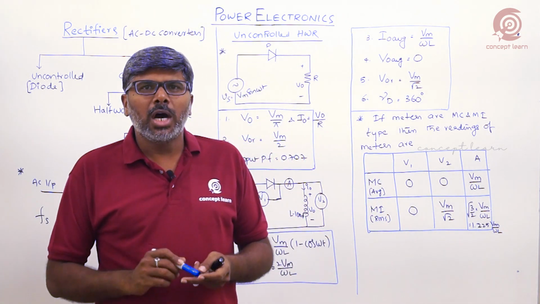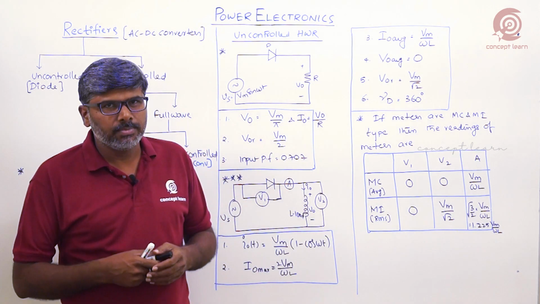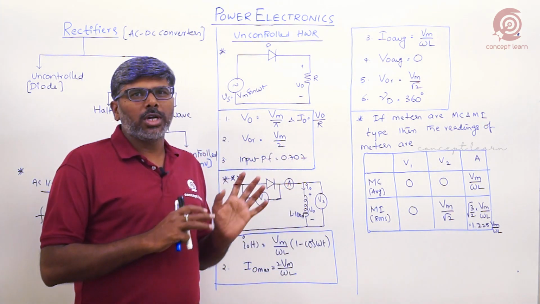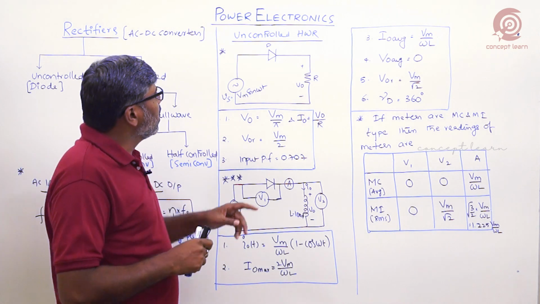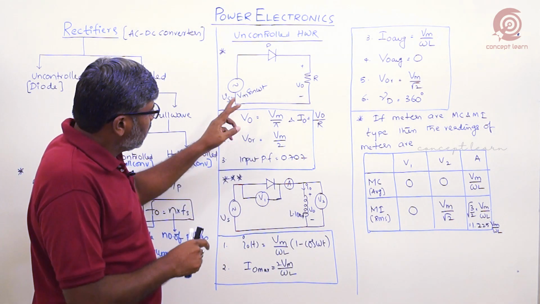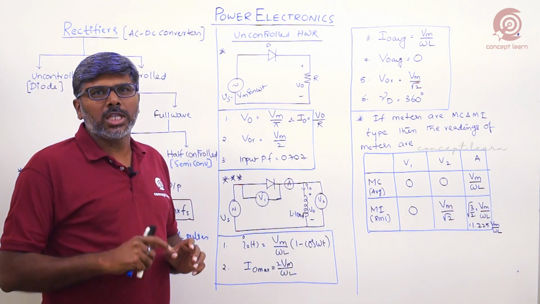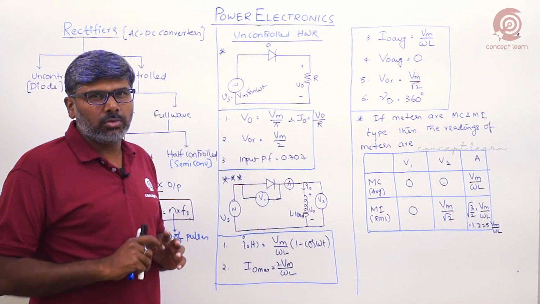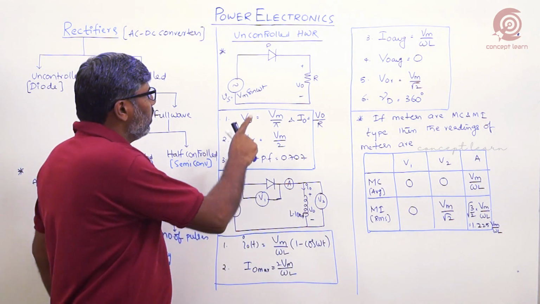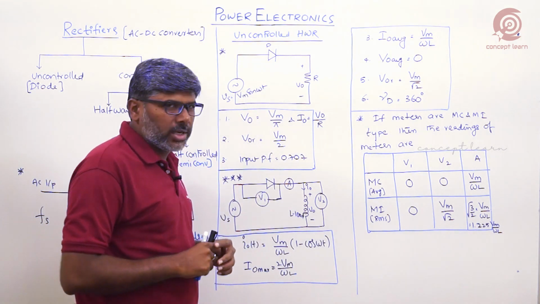Now coming to the uncontrolled rectifier circuits first. These are important in the examinations. When you come to the uncontrolled half wave rectifiers, here I am considering two loading conditions. One is resistive load, other one is a purely inductive load. These two are very important. When you come to the resistive load, this is the topology of the half wave uncontrolled rectifier.